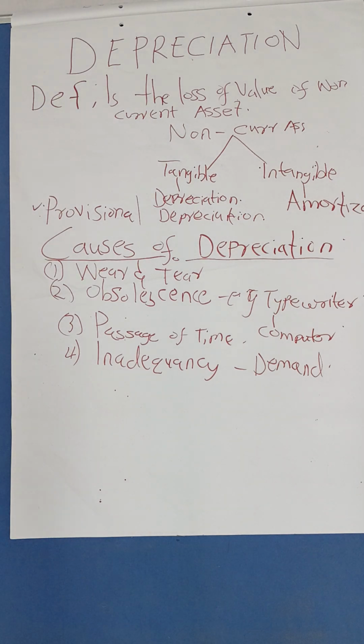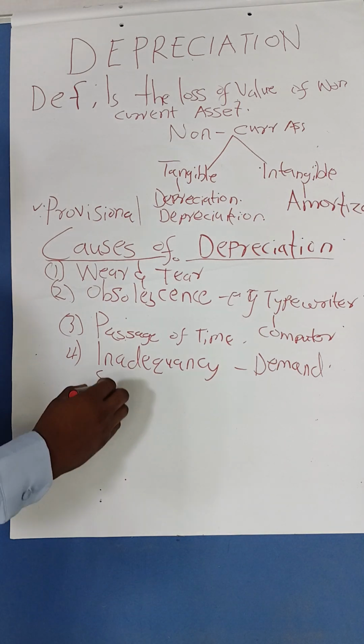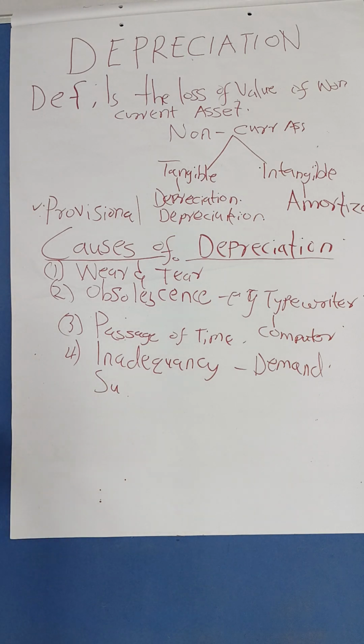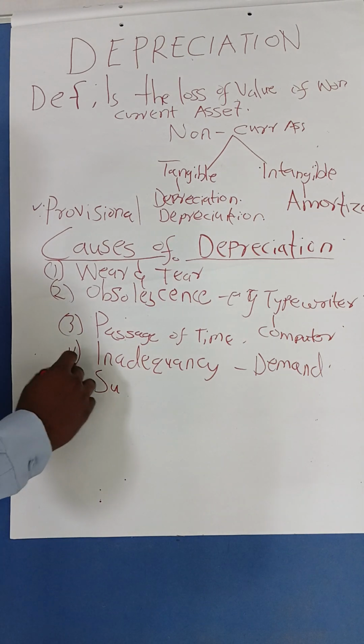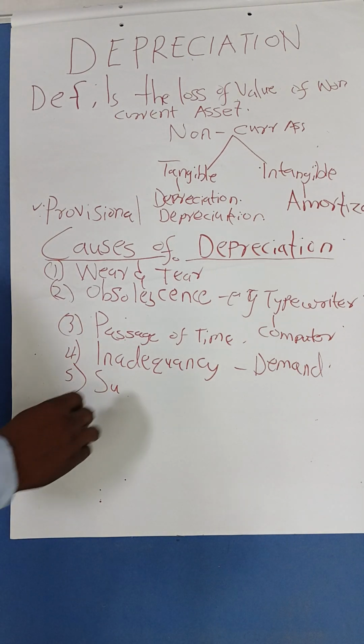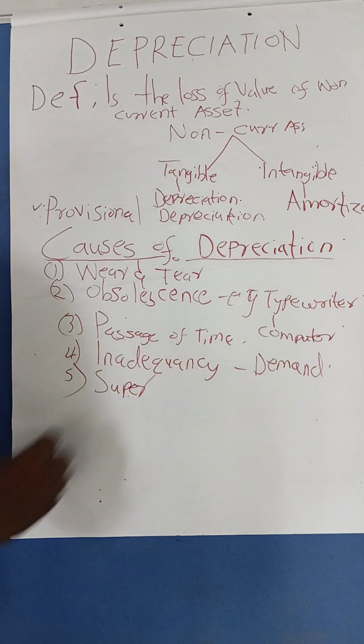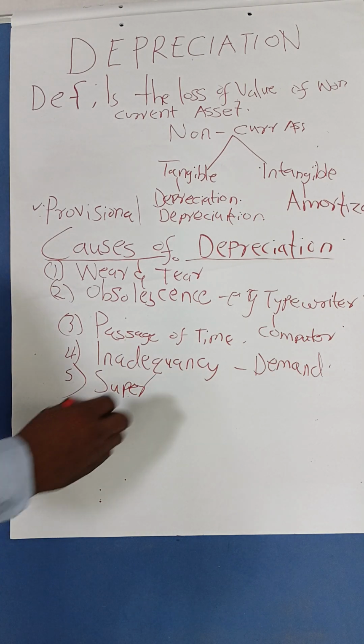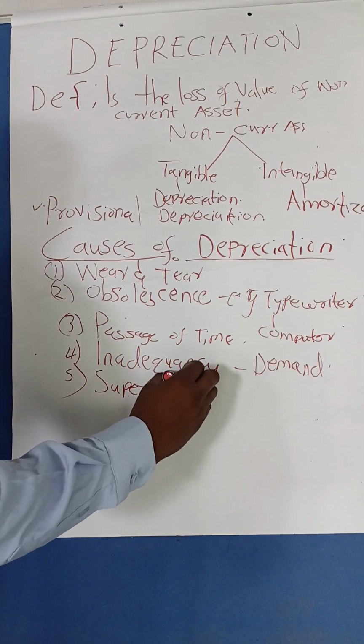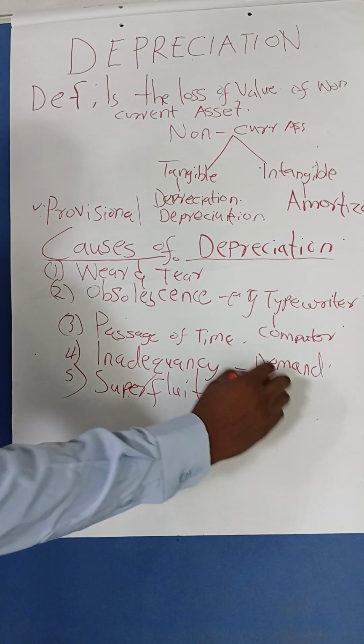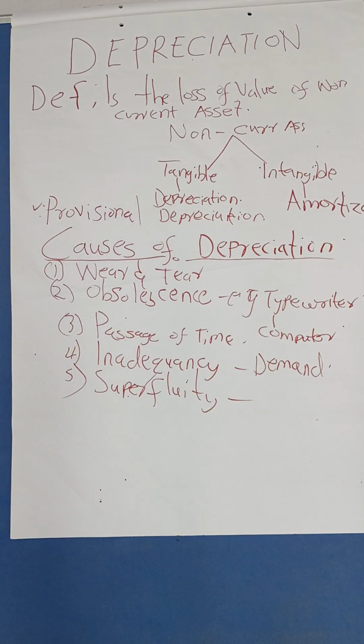So the opposite of inadequacy, you can say superfluity, from the word surplus. In economics, we call it surplus, but here in depreciation it's called superfluity. Here it is just the opposite of the other one.